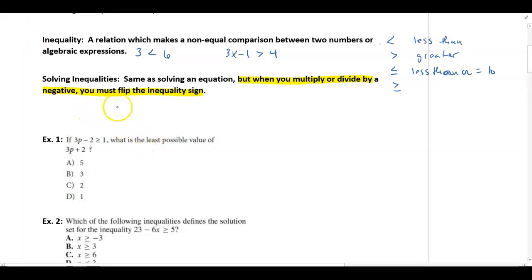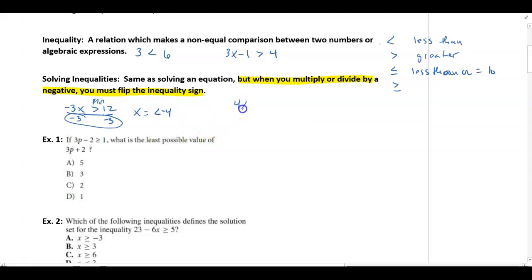What that means is I'm going to put 2 examples up here so we don't mix it up. The first one is negative 3x is greater than 12. If I go to solve for x here, I'm going to divide both sides by negative 3. When I divide by a negative, I must flip this inequality sign. So that would become x is less than negative 4.